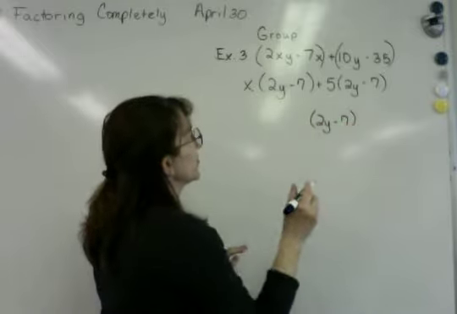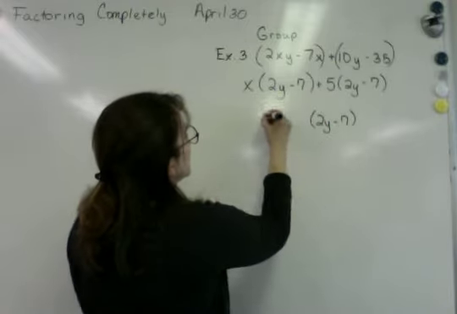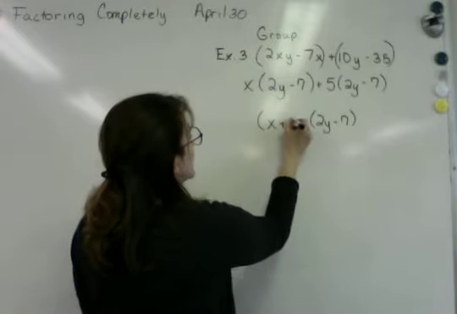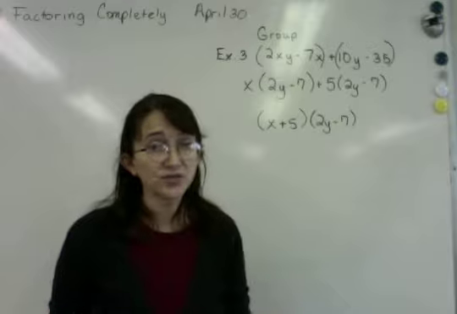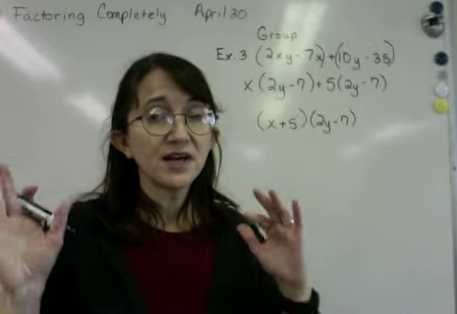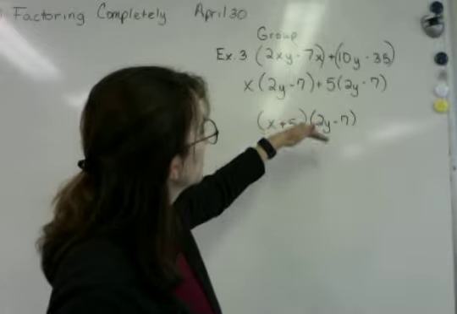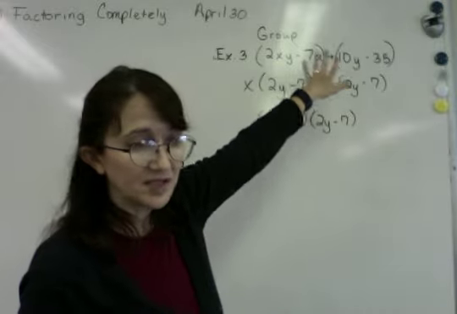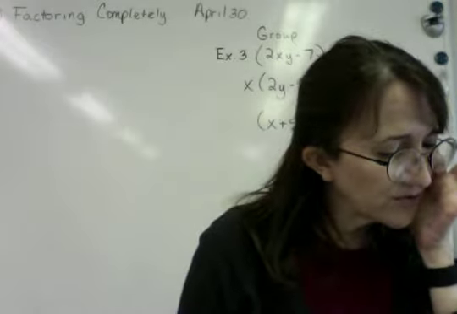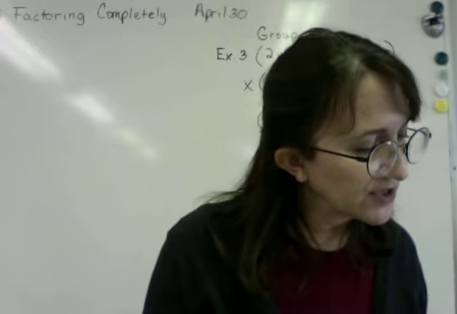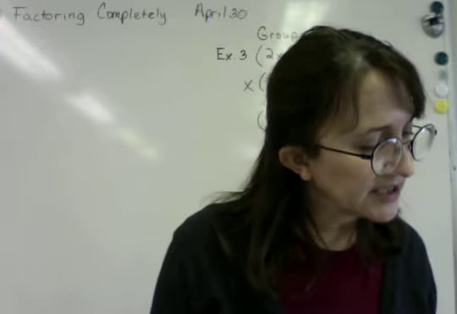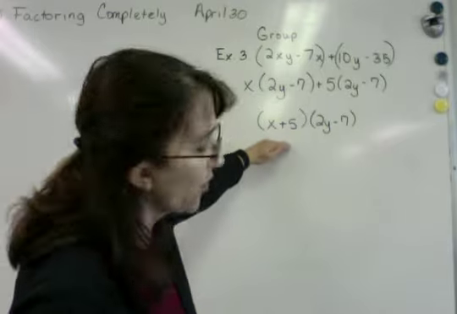What's my other binomial? This right here, x plus 5. And of course, to check yourself, you could go back and use that full method to see if you end up with something that looks like this up here. That's what they always show you, that if you factor those down, the complete factorization is going all the way down here.